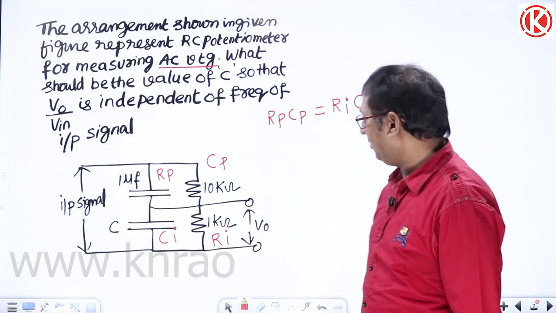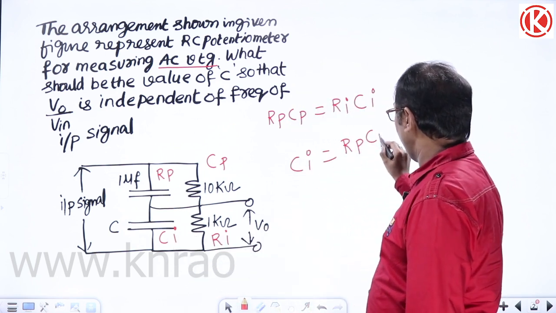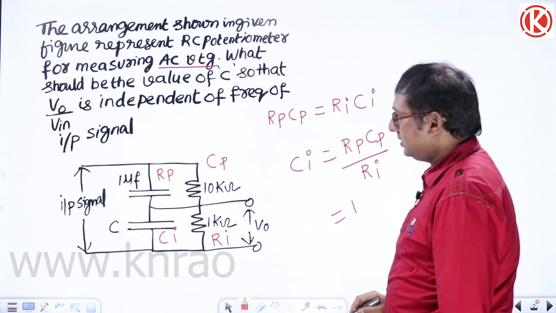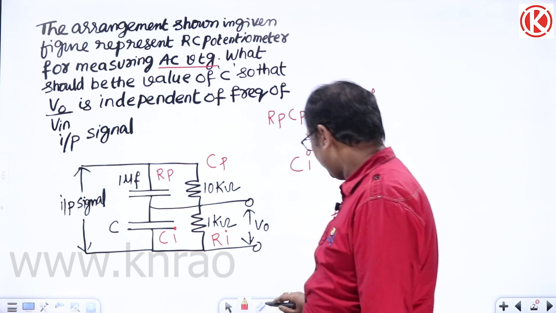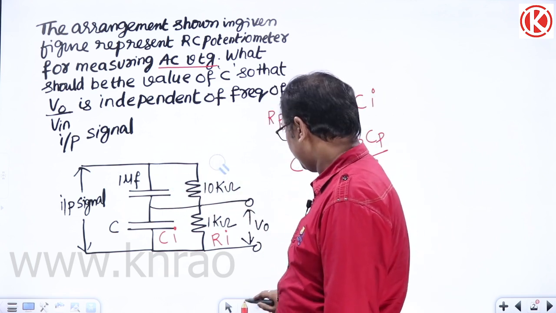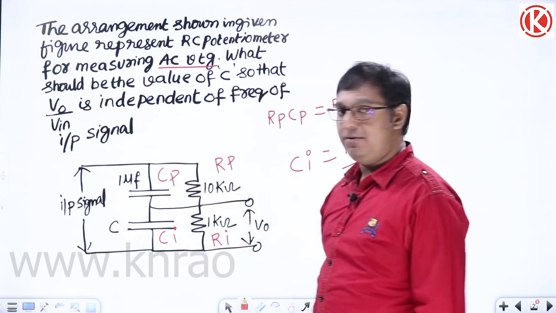Here we have to get the value of CI. What is CI, please? RP CP by RI. What is RP given? Yes, I think I have written wrong here. Yeah, this is your CP. Right. This is your RP. This is your CP. Fine.